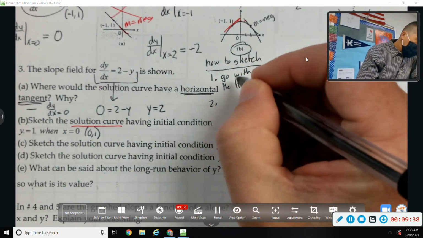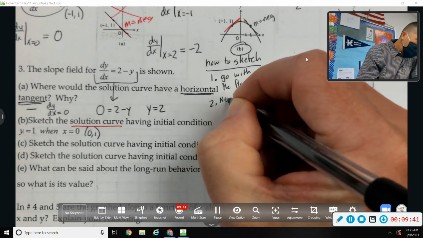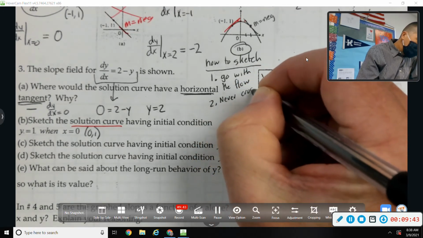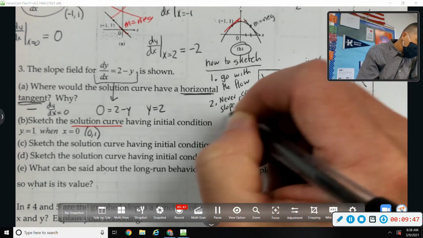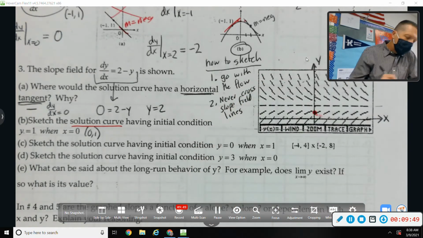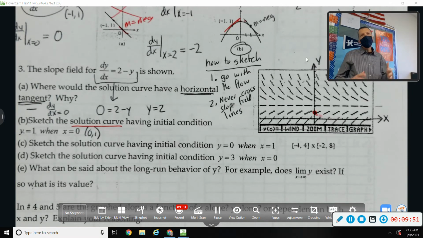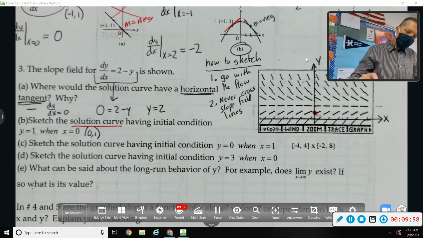To phrase that differently, never cross slope field lines. So that's sort of the same thing. Go with the flow. Don't cross anybody. Just go along to get along. Just follow the current wherever it leads you. Again, not real good advice in general, but it's how we graph slope fields.